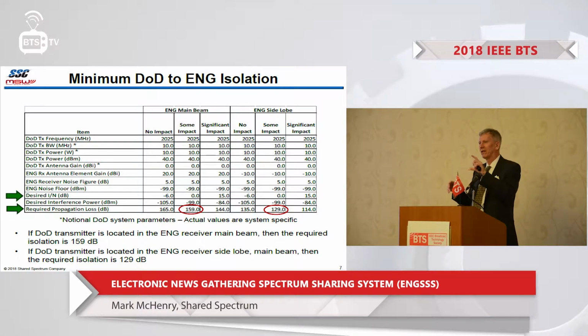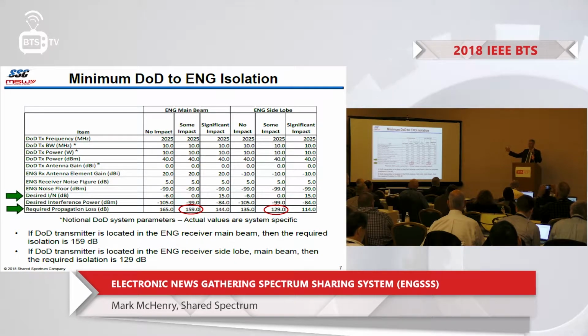Again, it's that directional antenna from the ENG system staring at a 10 or 100 or whatever power the DoD system is. You have to be pretty far away. Now, if the ENG people would accept some interference, you might get 129 dB or some smaller number.